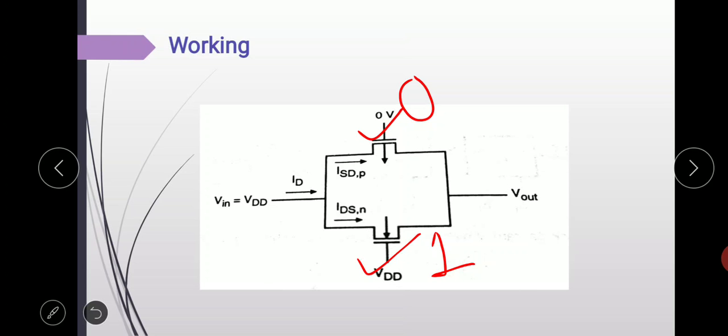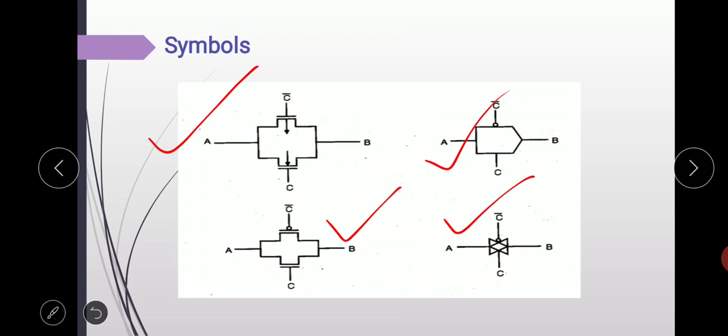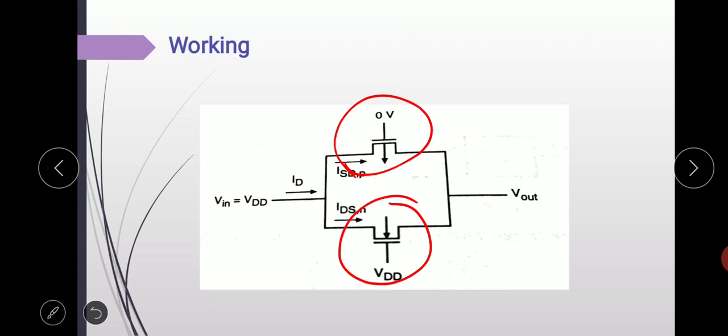Whatever signal is given at the gate of the NMOS, just the complement of that is given at the gate of the PMOS. So this one is the PMOS, this one is the NMOS. You can observe that the control signal C is given to the gate of the NMOS, and just the complement, C complement, is given to the gate of the PMOS.